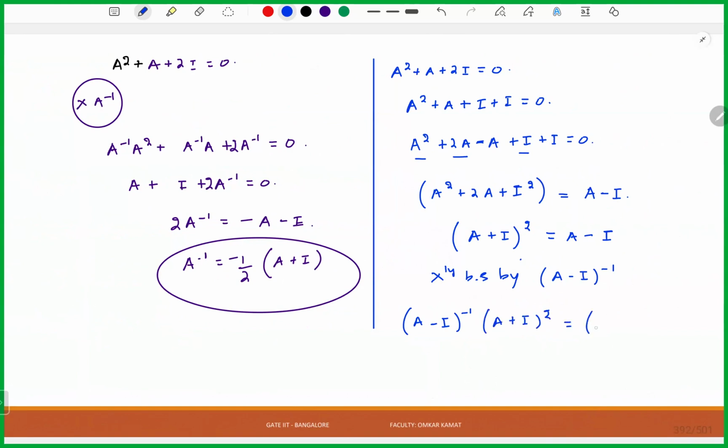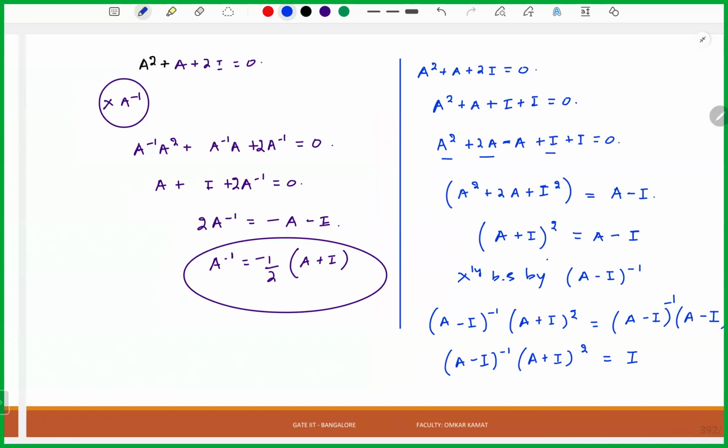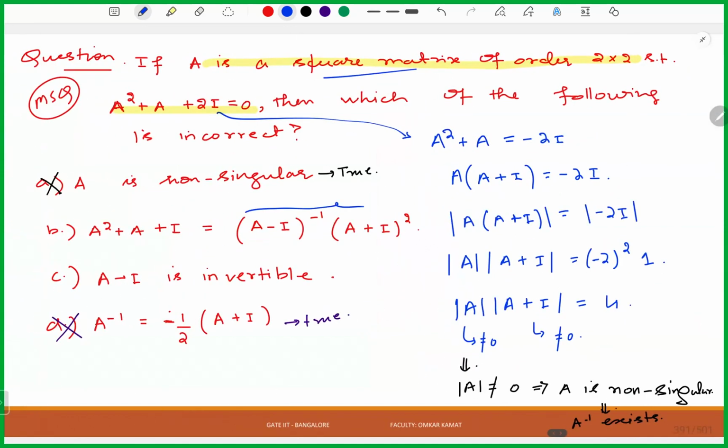And here also it will be nothing but what, (A minus I) inverse into (A minus I). Now this is nothing but what, (A minus I) inverse multiplied by (A plus I) whole square is equal to what? Tell. It is identity matrix, A into A inverse, identity matrix. So this value whatever is there, we are getting it as identity matrix.